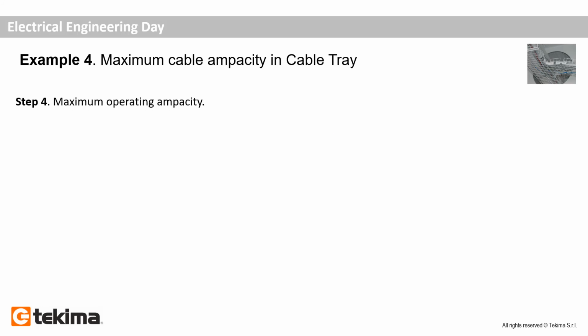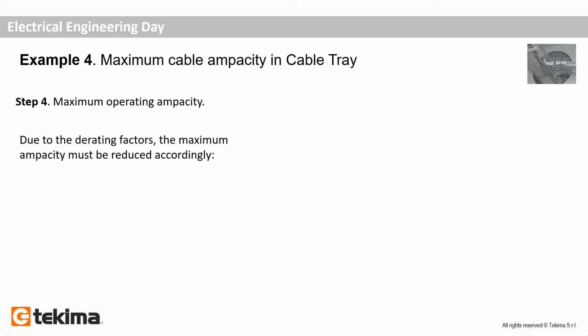So we can calculate the maximum operating ampacity of the cables installed in the cable tray, which is the nominal ampacity multiplied by the rating factors. 30 amperes multiplied by 1 multiplied by 0.8, which is the rating factor due to the conductors grouping. In this case, we have 24 amperes.